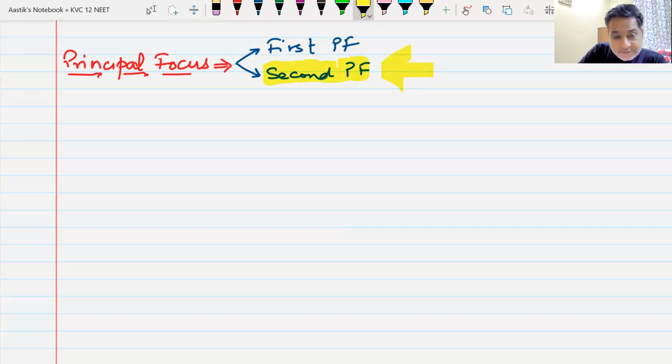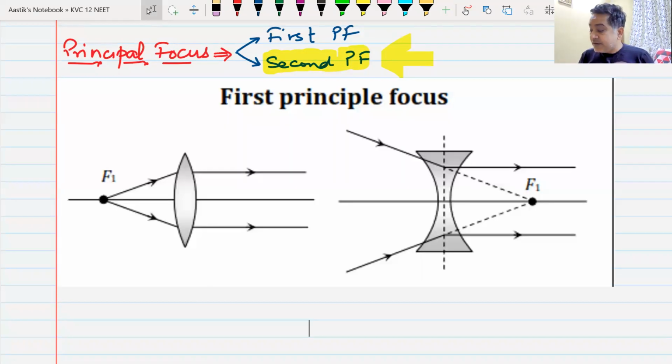Now, if there are two principal focus, there would be two ways of defining it. This one is the first principal focus. And what is the first principal focus? This might remind you of what you studied for your mirror. This is exactly how the mirror focus was defined.